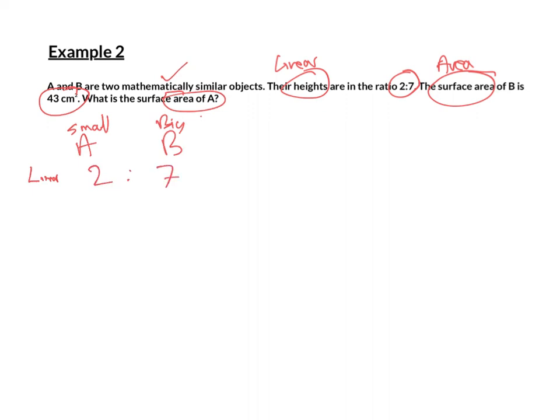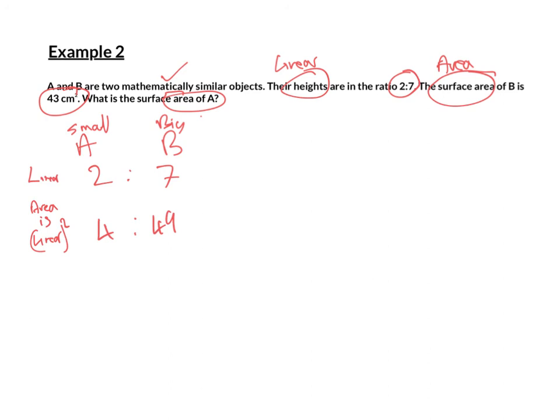Now we know that area is the linear squared. So we can just square: 2 squared is 4, 7 squared is 49. So that's the ratio of the surface areas.